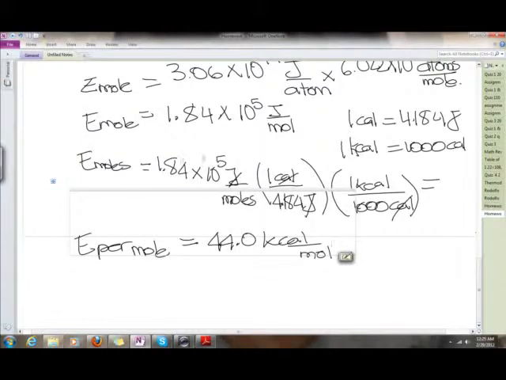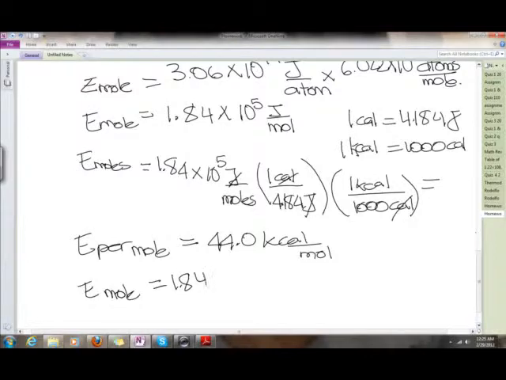If we convert it and divide by 10 to the third, it's going to be 184 kilojoules per mole.